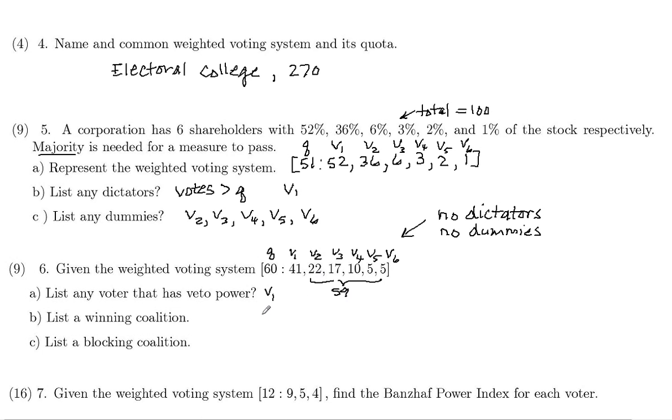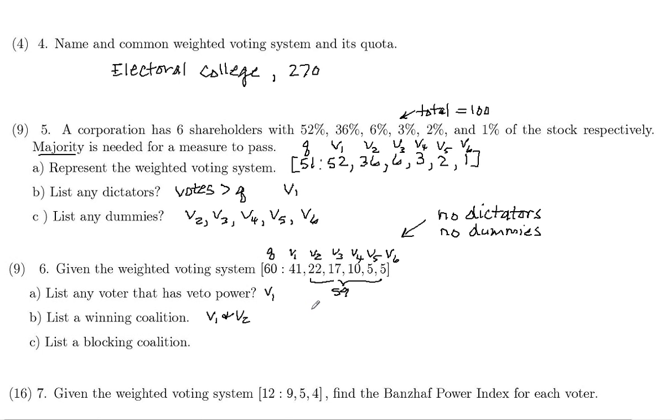List a winning coalition. So there's a whole bunch of winning coalitions. We just want to list one of them. So for example, voter 1 and voter 2, if they get together, they have 63 votes. So that would be enough to pass something. So voter 1 and voter 2, that'd be a winning coalition.